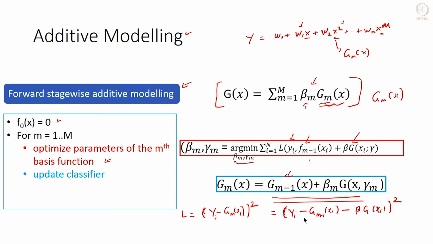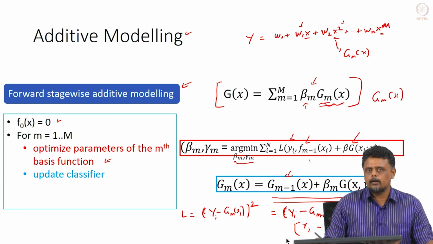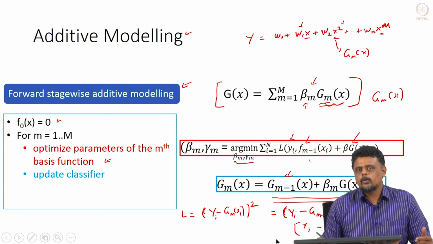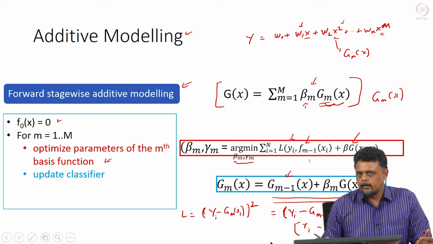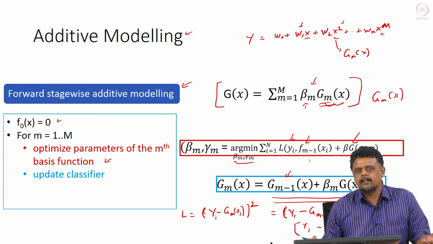Now, we can easily see that this is nothing but the residual from the previous iteration, so we can just call it r_i minus beta g of x_i, squared. If you use a least squares cost function, what you will end up doing is fitting a particular regression algorithm or machine learning algorithm to it, let us say a regression tree.